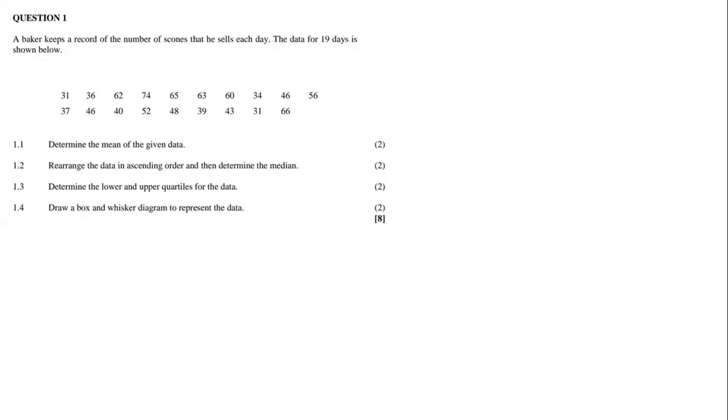So on my calculator, I'm going to say 31 plus 36 plus 62 plus 74. I hope you are doing that as well. Plus 74 plus 65 plus 63 plus 60 plus 34 plus 46 plus 56 plus 37 plus 46 plus 40 plus 52 plus 48 plus 39 plus 43 plus 31 plus 66.